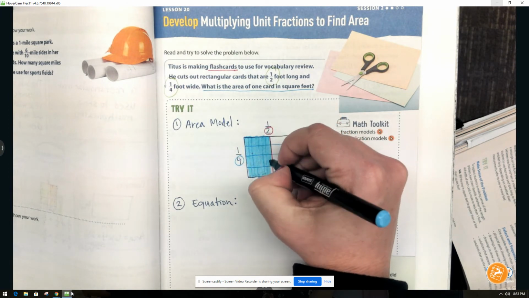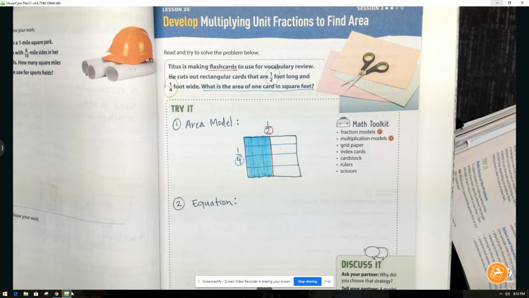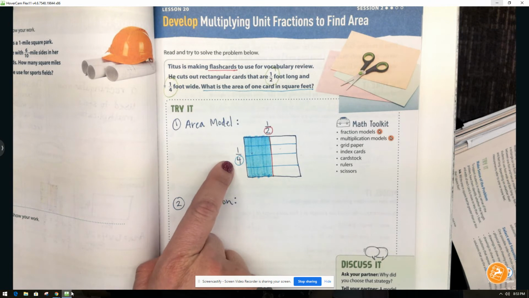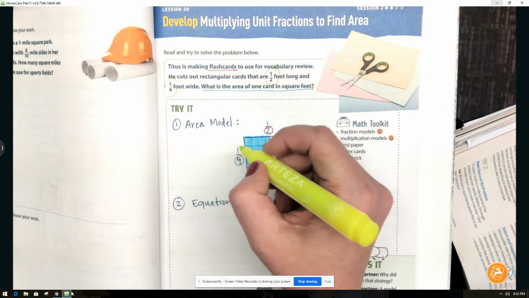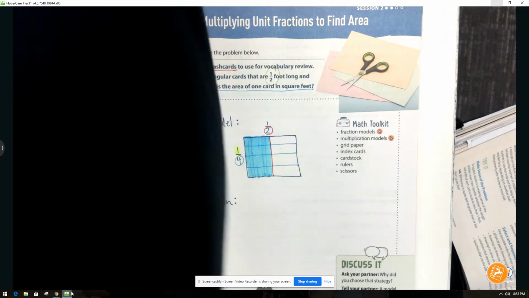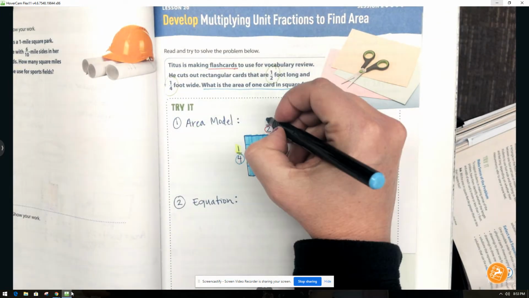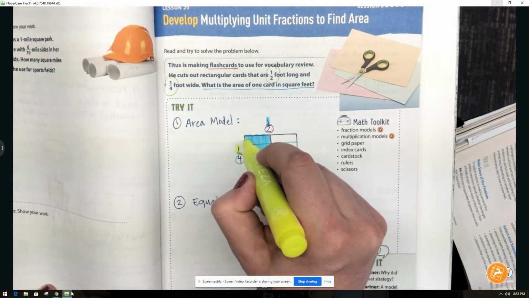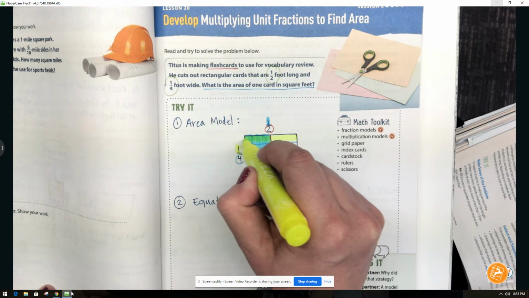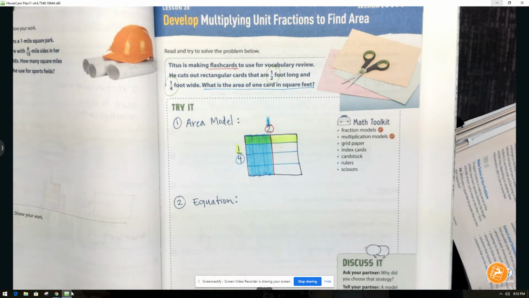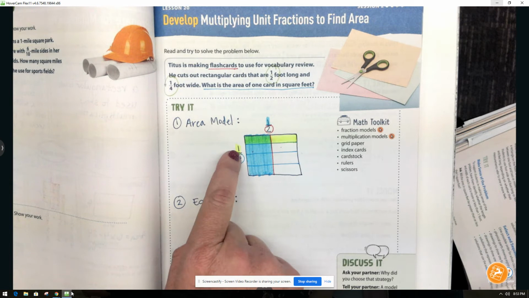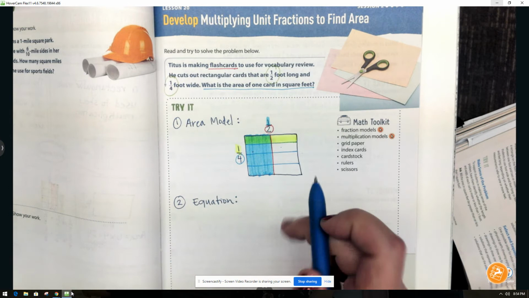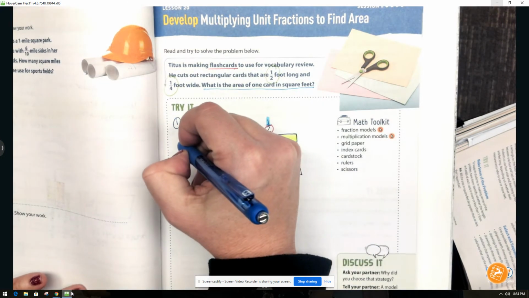I'm going to shade in one column because there's a 1 in the numerator, and then I'm going to shade in one row because that's how many I have in the numerator. So now, the way that I find the answer is, remember, the numerator is the overlap.